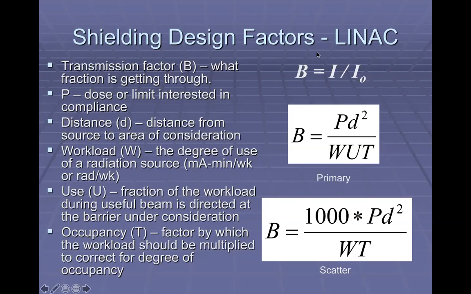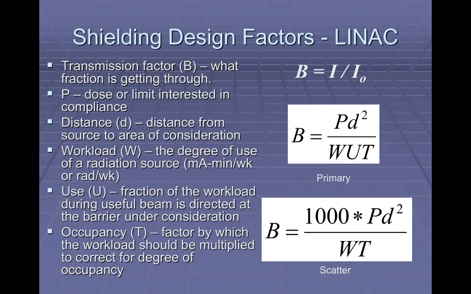Okay, so we say B equals PD squared over what? That's the casual way of saying it, but it's PD squared over WUT. So we need to understand what these factors are. W is the workload. That's essentially just the radiation that is going to be output from this machine. And that generally coincides with how many patients are on the machine, how much radiation per patient. That's how you tally it up.